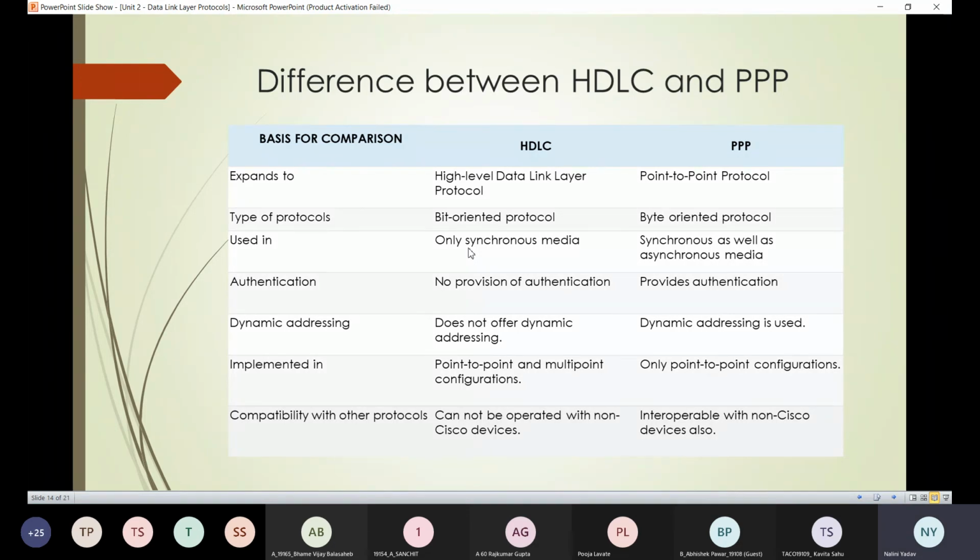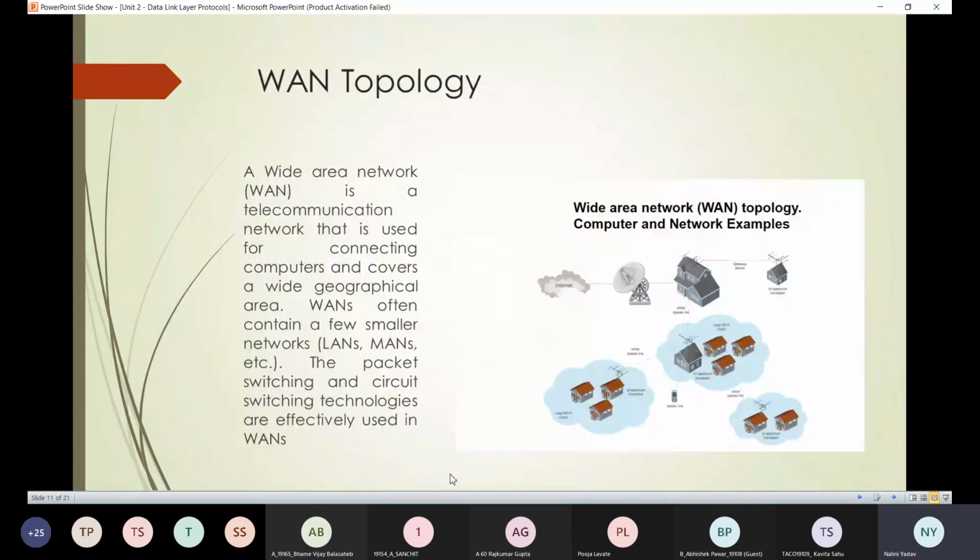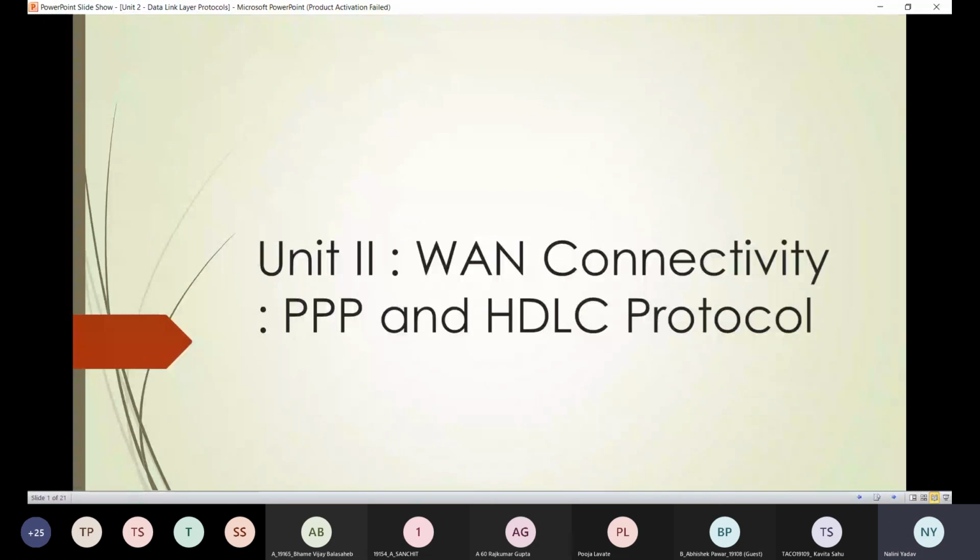HDLC cannot be operated with non-Cisco devices, so it doesn't have compatibility with other protocols. Now this PPP is interoperable with non-Cisco devices also. So these are the major differences between HDLC and PPP protocols. So this is all about WAN connectivity protocols, HDLC and PPP.